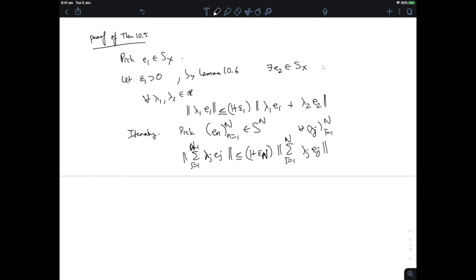Okay, and we can do that for a whole sequence of epsilon.